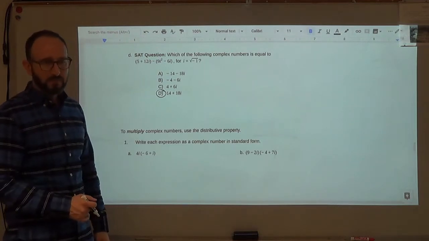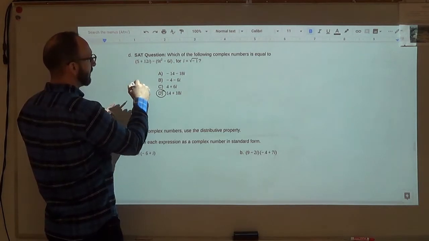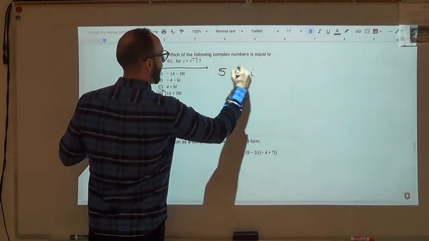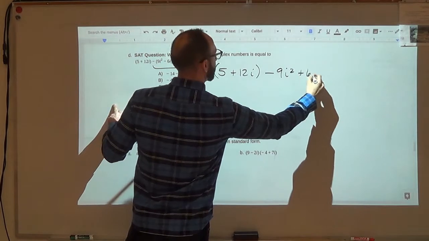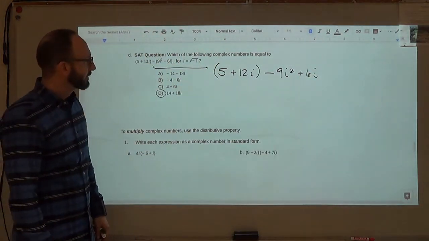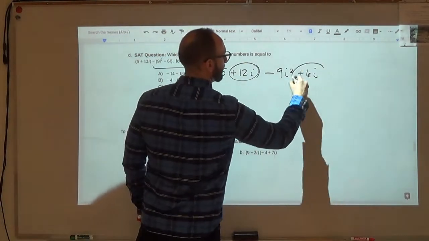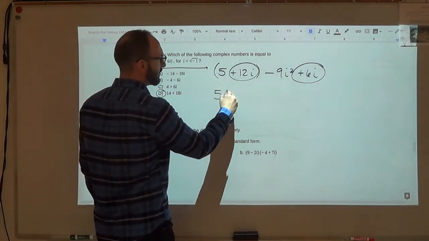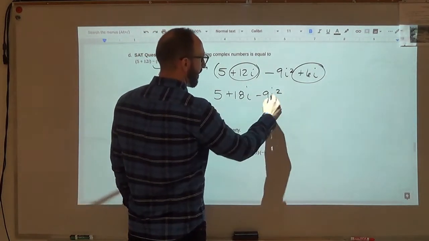You combine like terms, so first I distributed the minus sign, and then I added the like terms, which was 12i plus 6i, which got positive 18i, and then I automatically did the answer. So this was 5 plus 18i minus 9i squared.